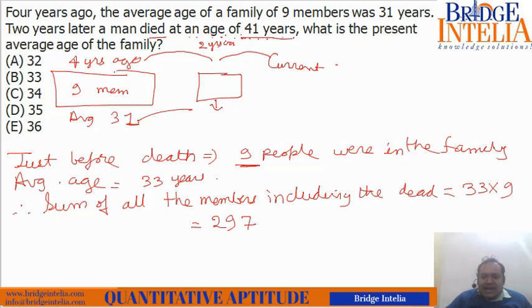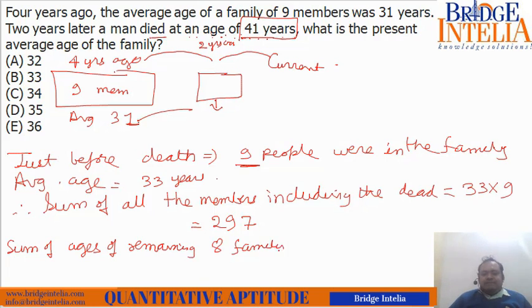But the person who has died is 41 years old. So the sum of ages of the remaining 8 family members is equal to 297 minus 41, which comes out to be 256.